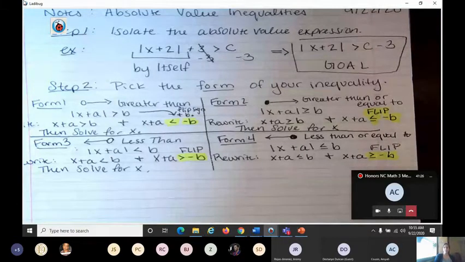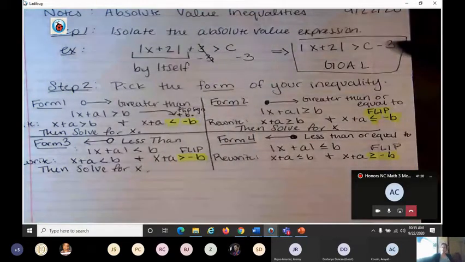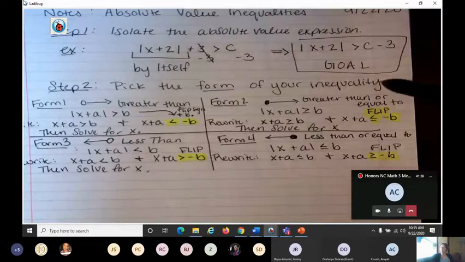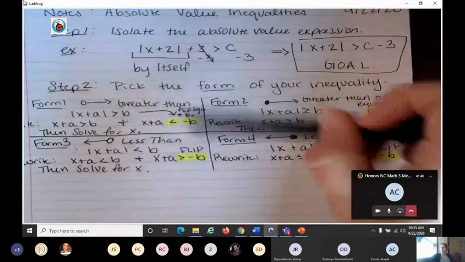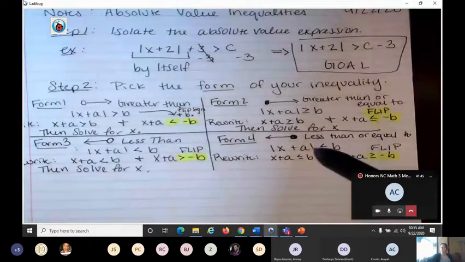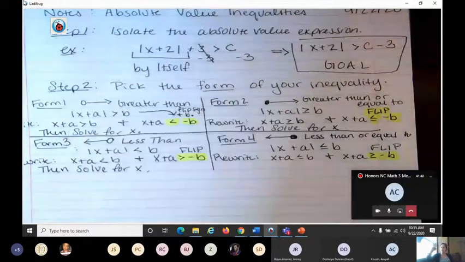Okay, so these are our 4 different forms. So step 1 in solving these inequalities is to isolate our absolute value. Once we have it isolated, in step 2, you will pick which form of our inequality. So basically identify which inequality symbol we use, then you will split it up into its 2 inequalities and you'll solve for x.